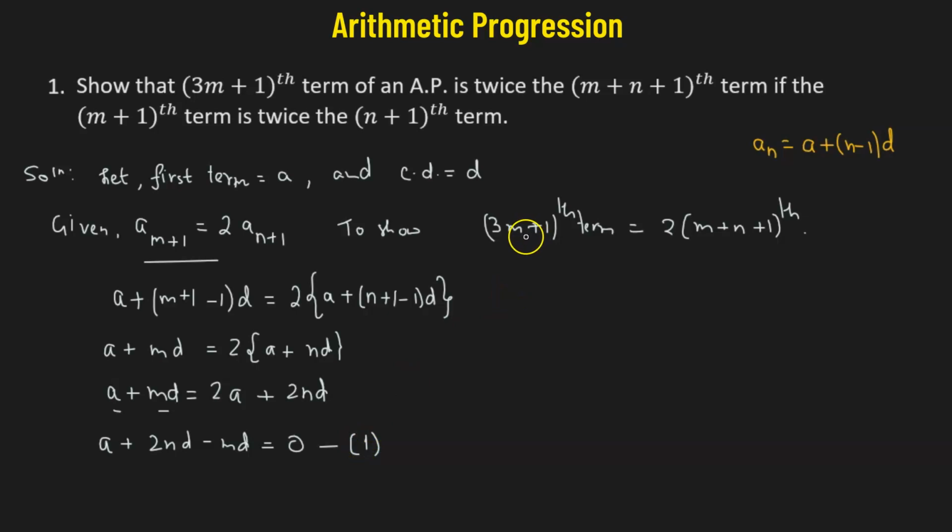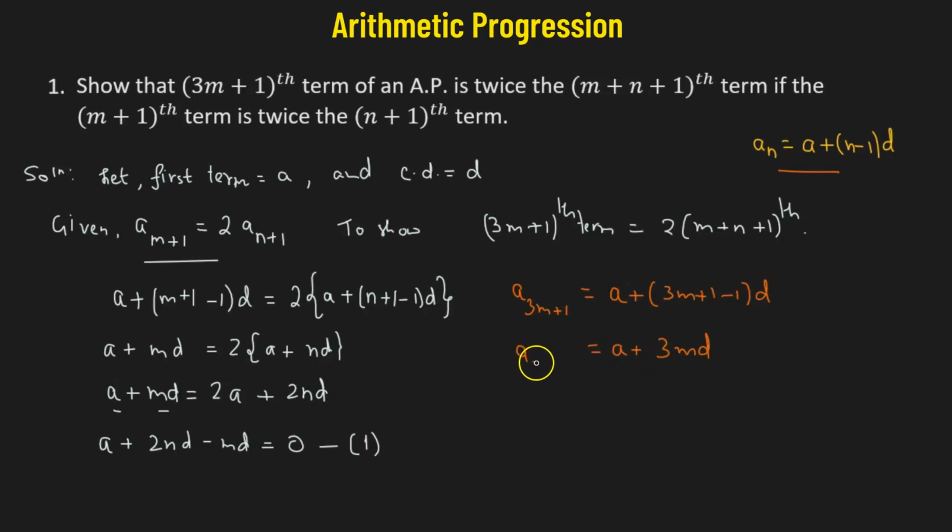Now we have to show that the 3m plus 1th term equals 2 times the m plus n plus 1th term. What will be the 3m plus 1th term? It will simply equal a plus 3m plus 1 minus 1 times d, using the general form. This gives us a plus 3md.